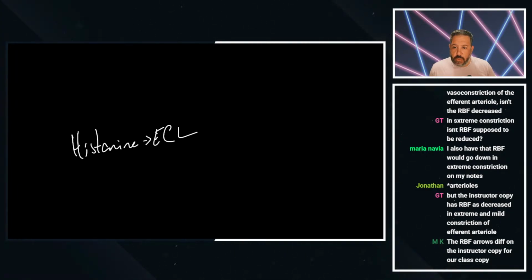Where is it? Here it is. Yep, ECL cells. So it comes out of these ECL cells and has an effect on the cells that make the gastric acid. I just want to get the right picture. Here we are.